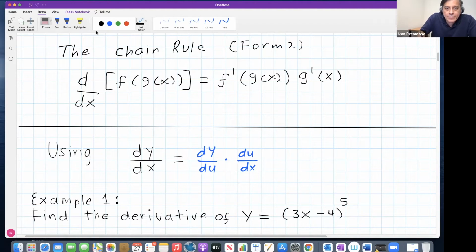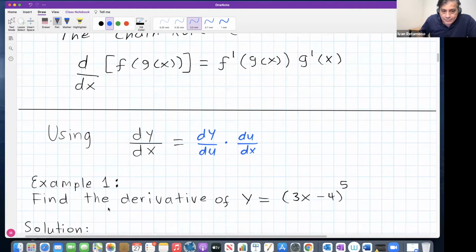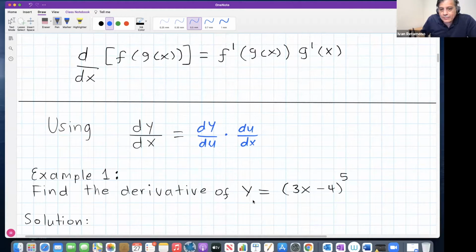Let's talk about it. Example 1 says, find the derivative of this composite function, y equals (3x minus 4) raised to the 5th power. How can we get this derivative using the first form of the chain rule?